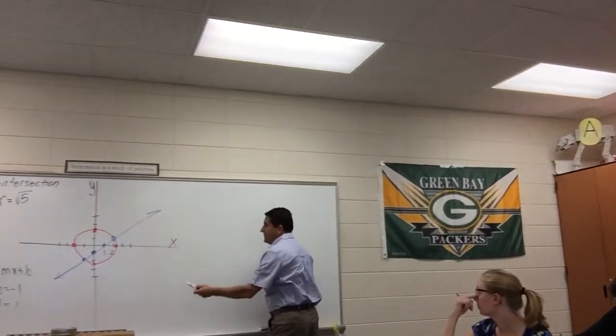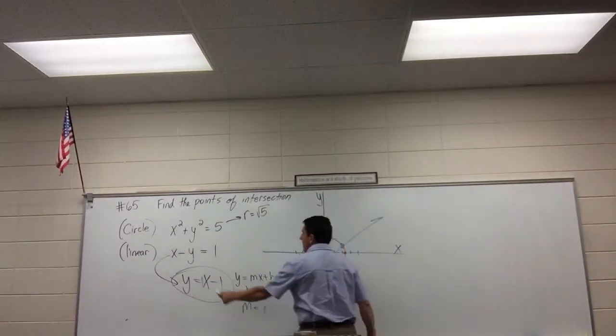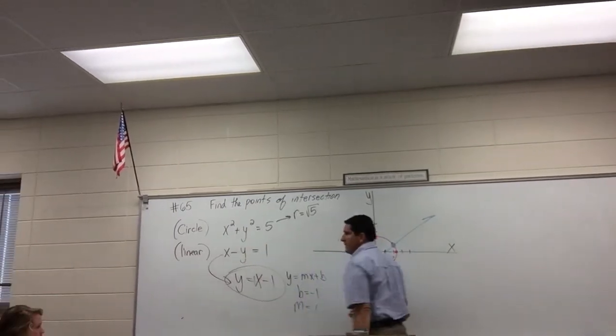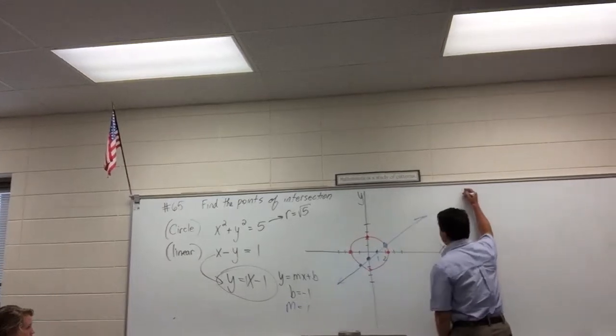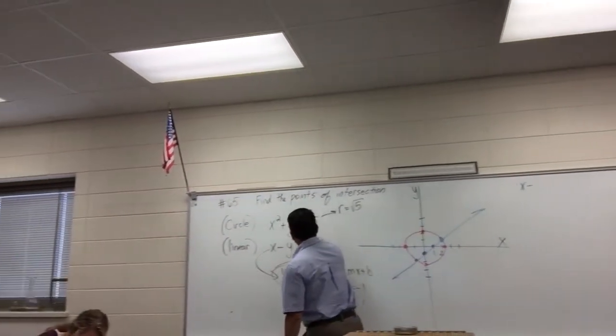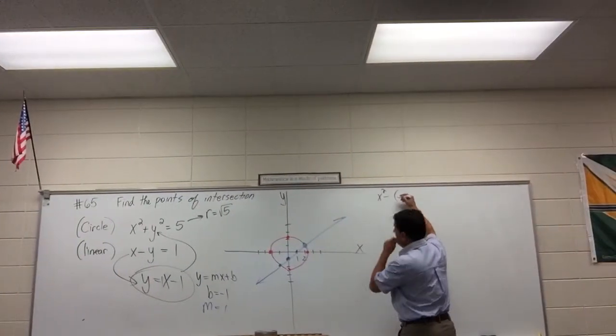But instead of solving it for y, what I'm going to do is solve one of these for y, and then plug it into the other one. I actually have it right here. I'm going to take this, y = x - 1, and I'm going to plug it in.